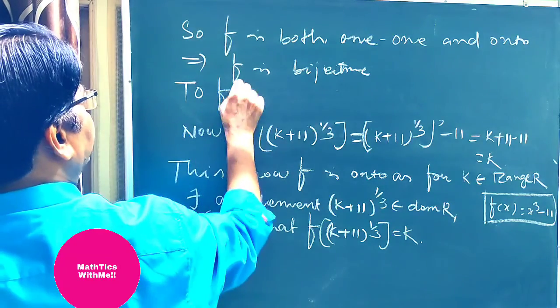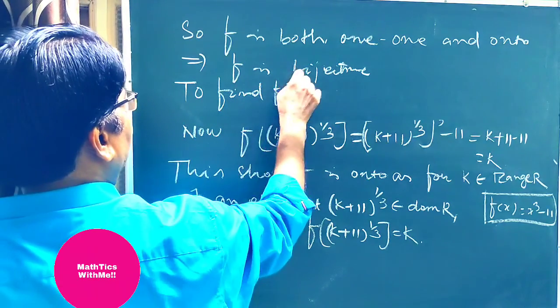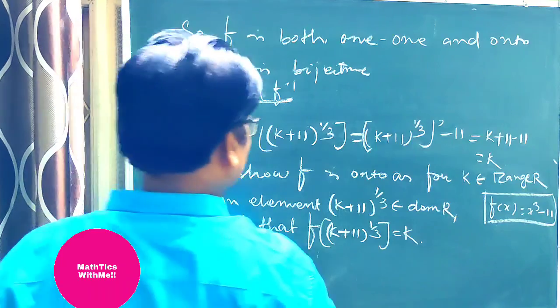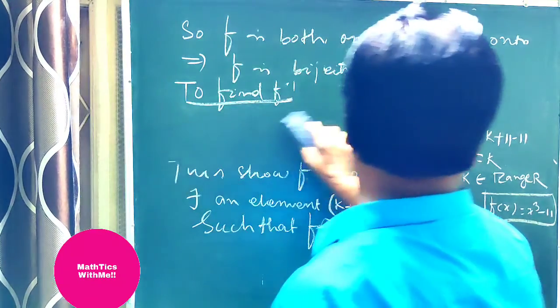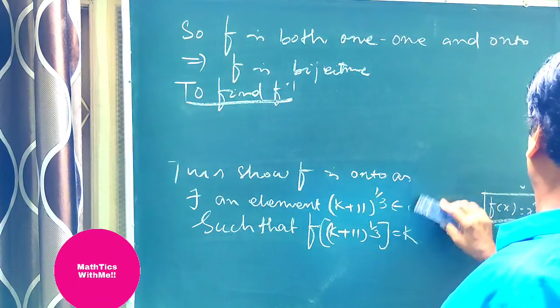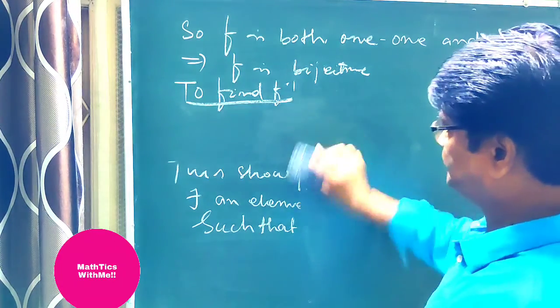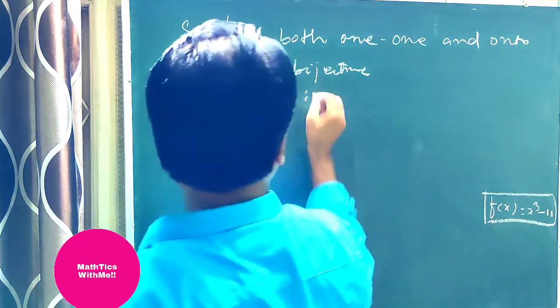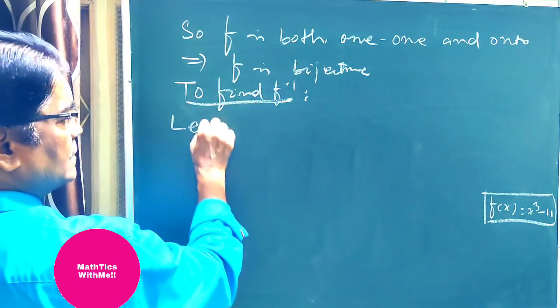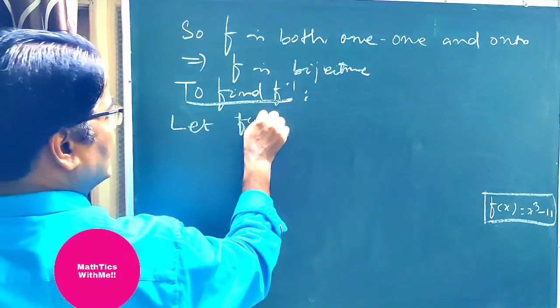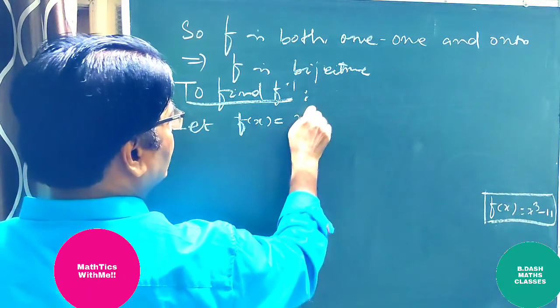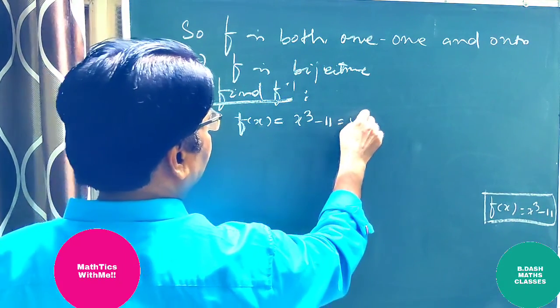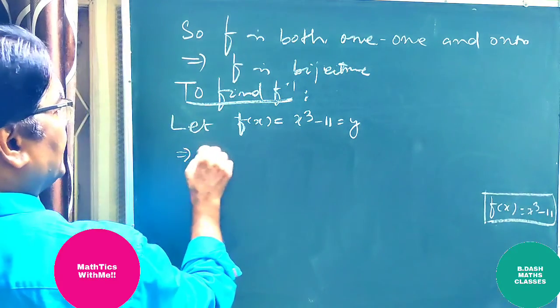Now to find f inverse. So let us proceed to find f inverse. Let f(x) is equal to x cube minus 11 is equal to y.